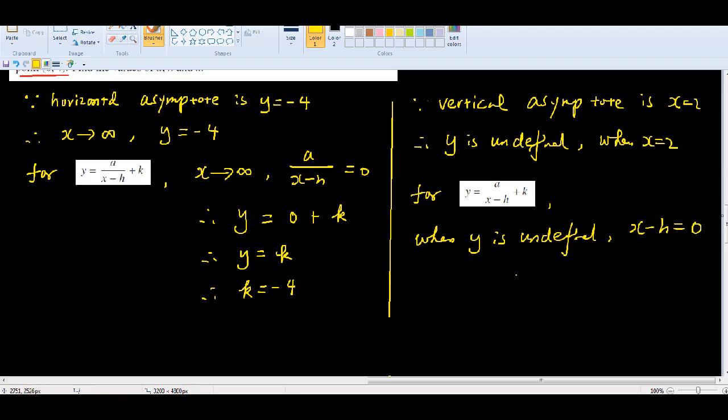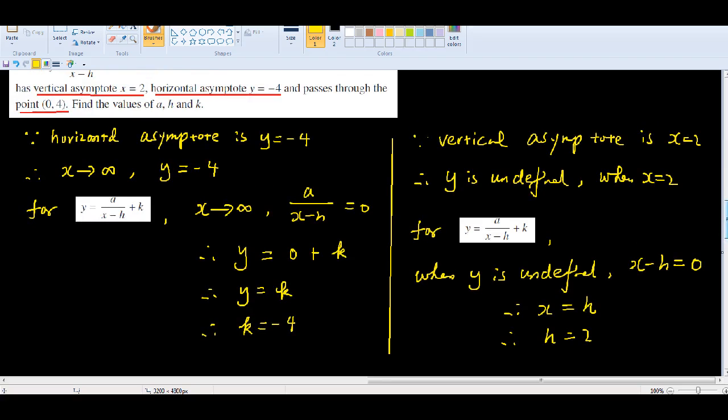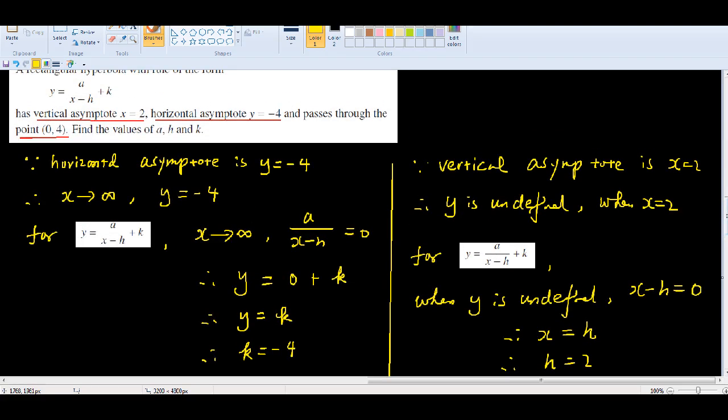So x equals h, but we know x equals 2, so h equals 2. Now you've got h and k, but we still need to find a.